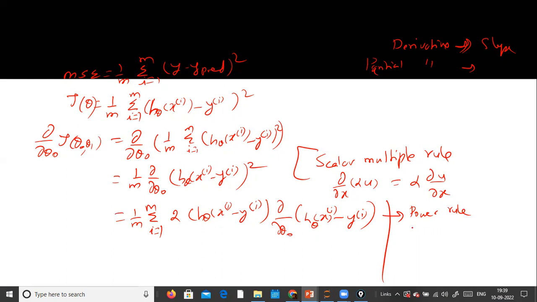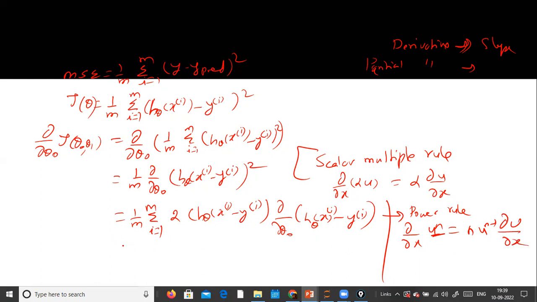In this case, for example, dou by dou x of u to the power n: the n will come in front, and u to the power n minus 1. The n comes in front of u, and you subtract 1 from the exponent, giving u to the n minus 1, times dou u by dou x.